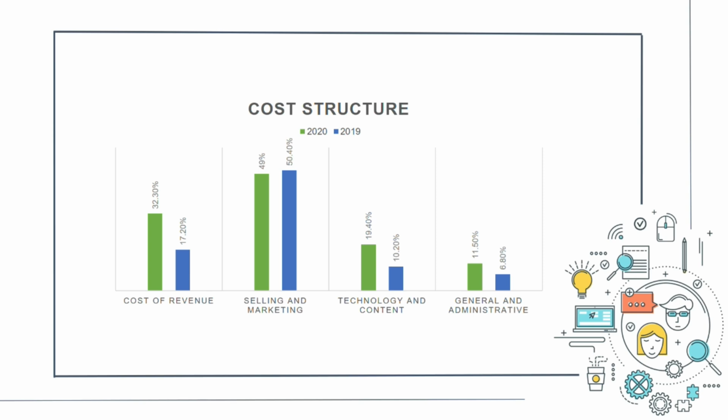For the general and administrative, in 2019, it shows 6.80% compared to 2020, which is 11.50%. The general and administrative expenses decreased by 218 million in 2020 compared to 2019.